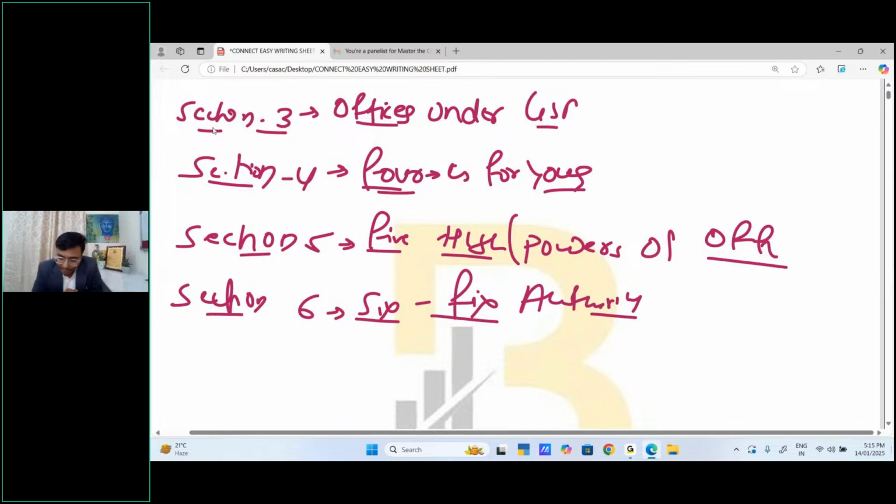Now, sir, the point is that multiple times we have an idea of the provision of law, but we are not able to recall the section. Just for an example, many times the taxpayer has already been audited under the CGST Act and the State GST department is issuing a notice for the audit. At that time, we provide the reply that sir, our audit has already been conducted under the CGST Act, so we are not liable for the audit under the SGST Act.